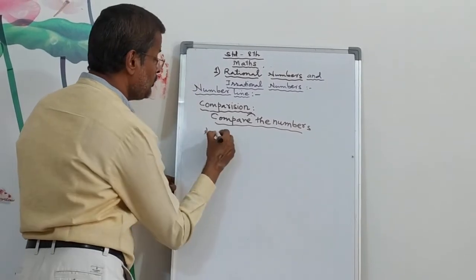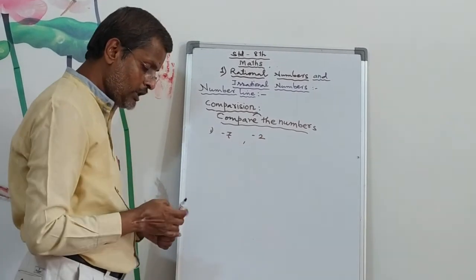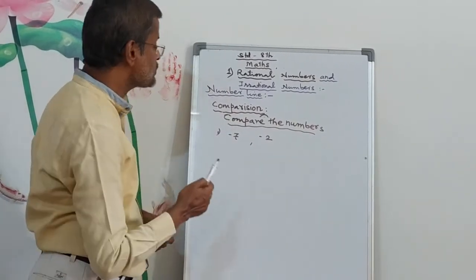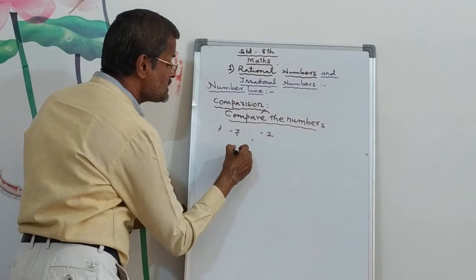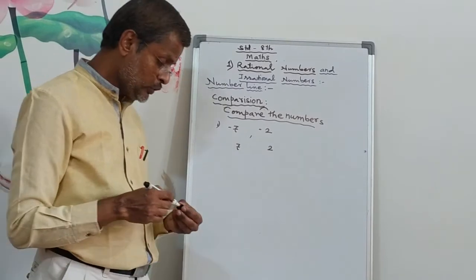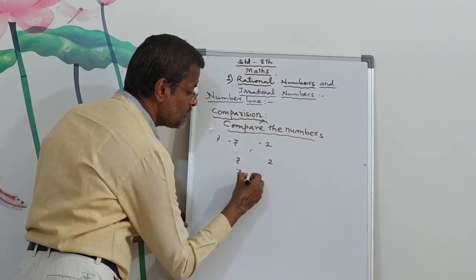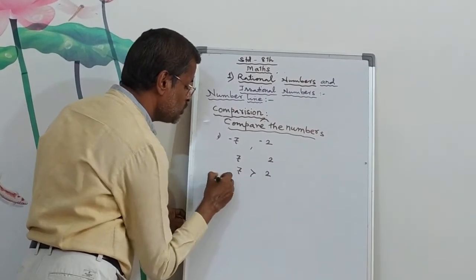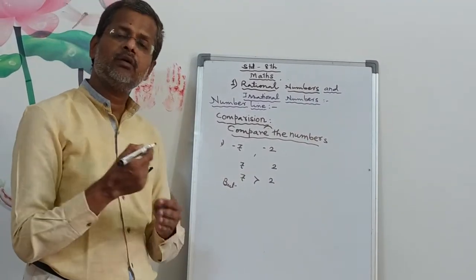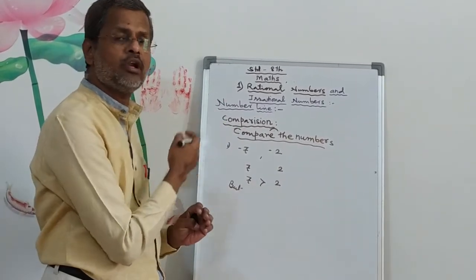First example, -7 and -2. Here we are going to compare -7 and -2. First of all, let us see the comparison between 7 and 2. 7 is greater than 2, but as the number line suggests, the numbers towards the left hand side of the number line become smaller and smaller.